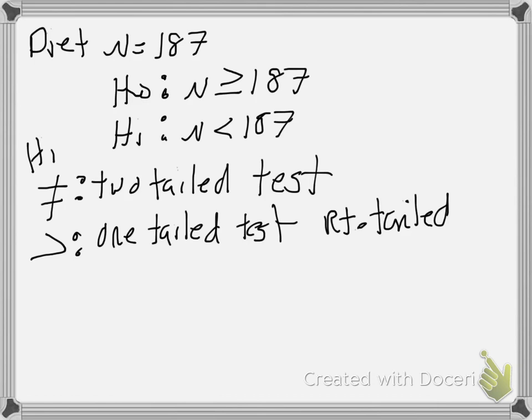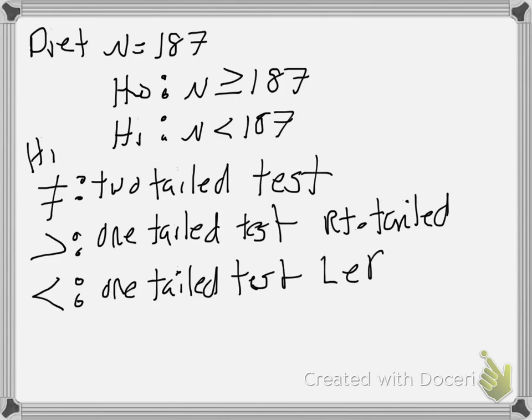And then the last one that we just talked about with the diet, when we had the less than symbol, that also is a one-tailed test. But as you can imagine, that would be left-tailed.